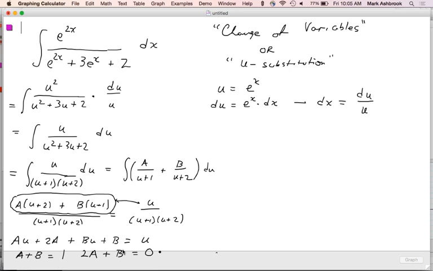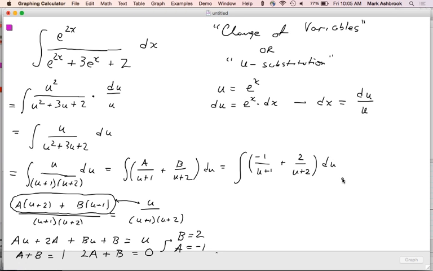I have the answer, and if you need to work it out, you can work it out later, but that gives B equals 2 and A equals negative 1. So then this integral here is negative 1 over u plus 1 plus 2 over u plus 2 du.